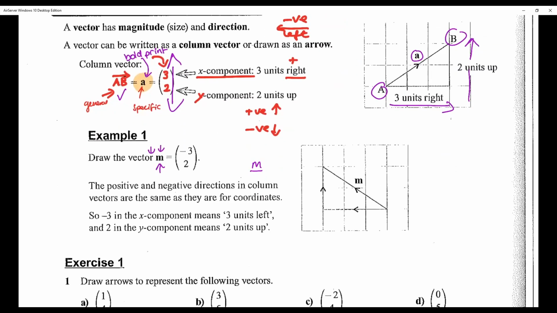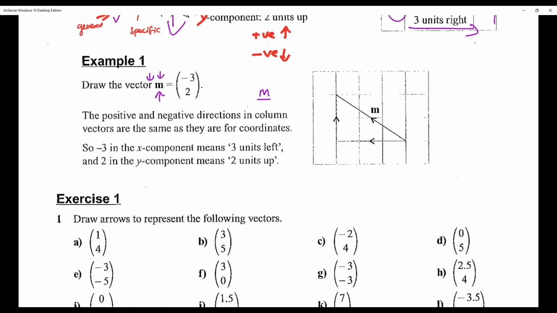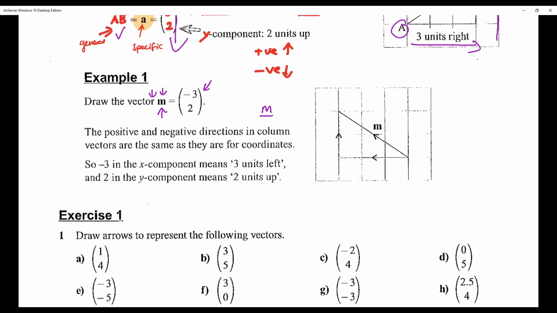Okay, here we go. Let's do example number 1. It says draw the vector m, (-3, 2). What does the minus 3 mean, first of all? It means 3 to the left. And what does 2 mean? 2 up. So we're going to start somewhere. We're starting here in this example.